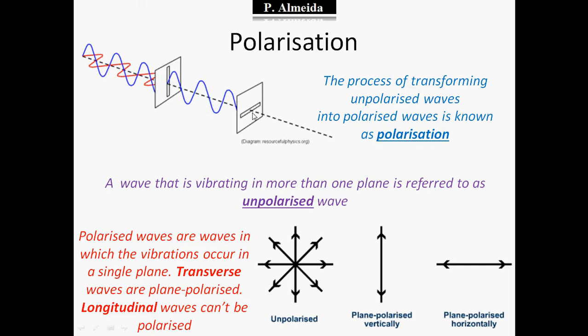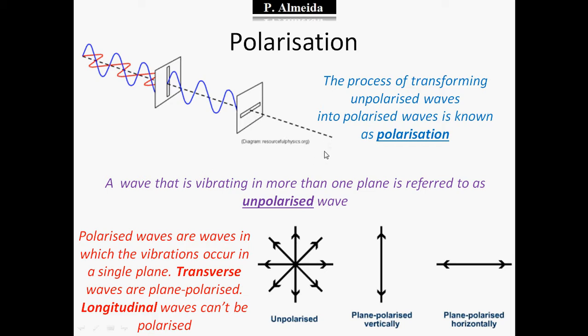Then I have another slit that is 90 degrees from the first one. This only allows the waves that move sideways, left and right, or in the x direction. But these waves are already polarized in the first slit, so they are not going to pass through, and no wave comes out of the second slit, okay?